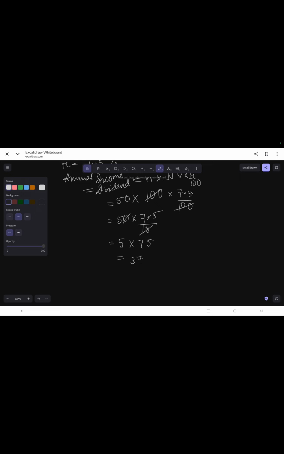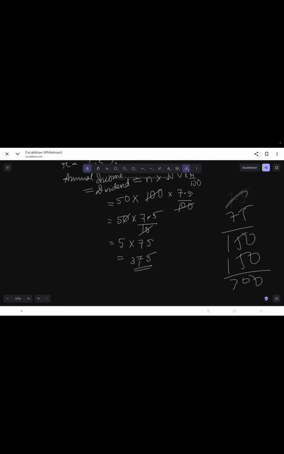How did I get 375? Let's elaborate. 75 twice is 150, and 150 plus 150 is 300, and 300 plus 75 is 375. If you don't understand, just calculate it.